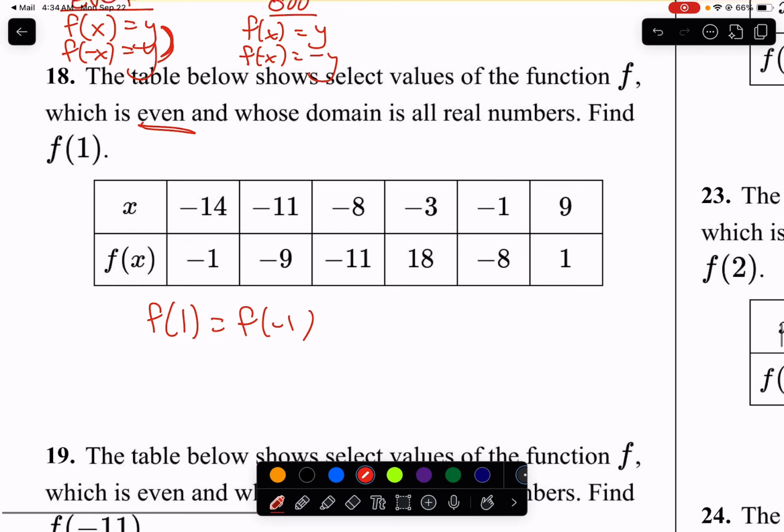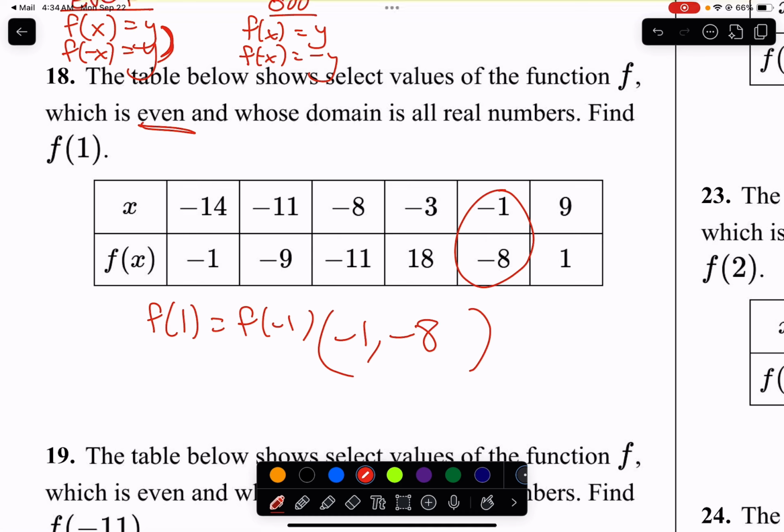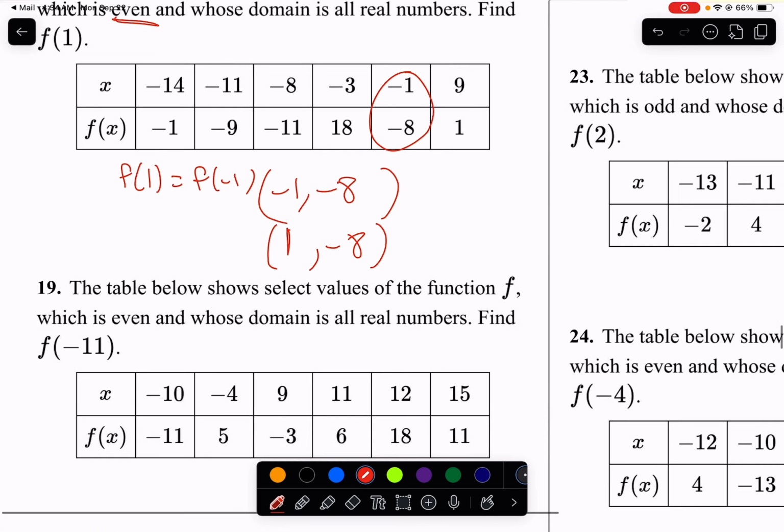So f of negative 1 is just going to be negative 8, based on this table here. So, well, what is f of 1 going to be? If our input is 1, what's our output? It's also going to be negative 8, right? It follows this pattern of the outputs matching when the inputs are negated, when they're flipped.